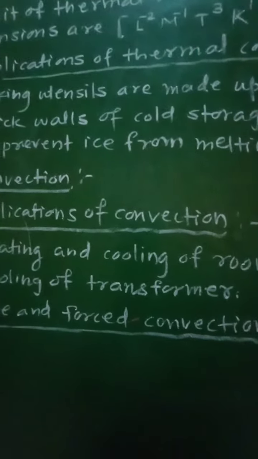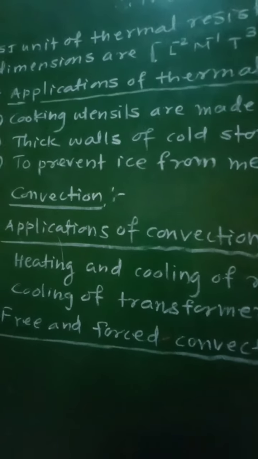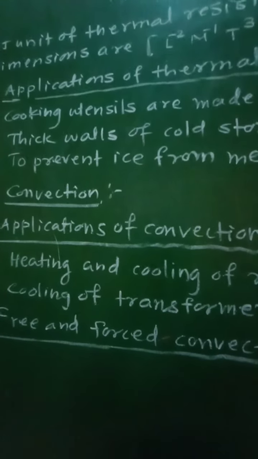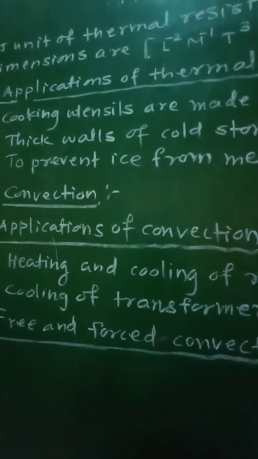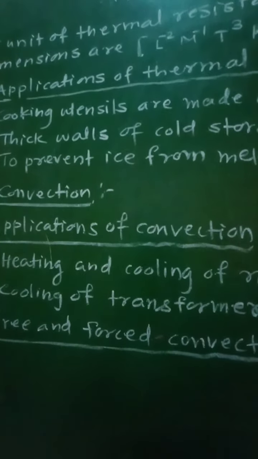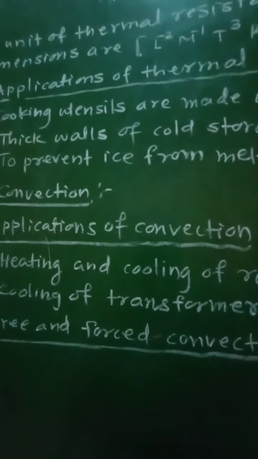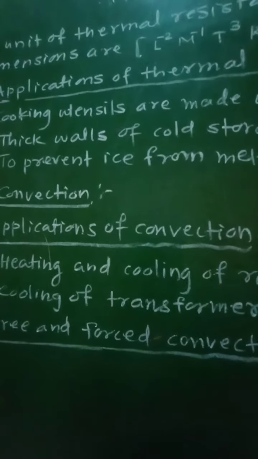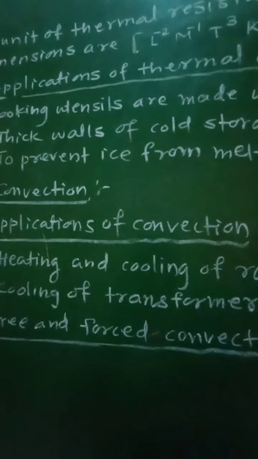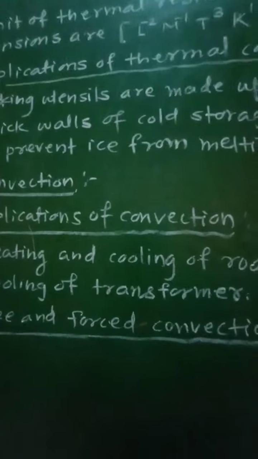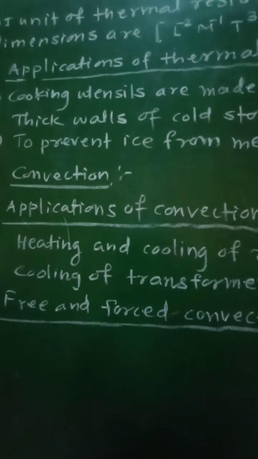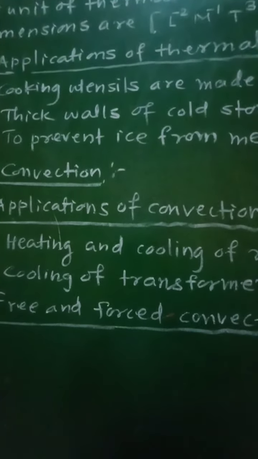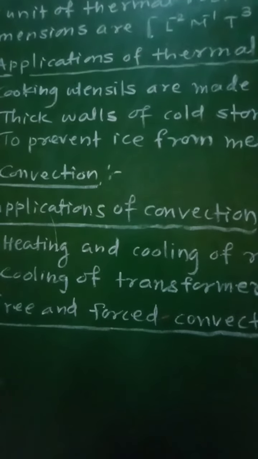And now let us see some disadvantages of thermal conductivity. There is a disadvantage of low thermal conductivity. For example, when hot water is poured in a glass beaker, it gets cracks.